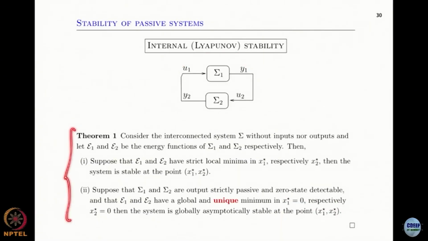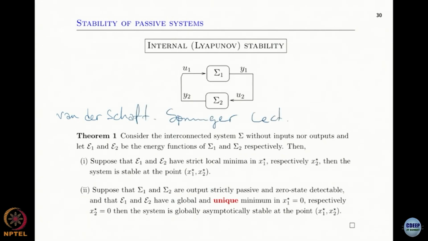This theorem here is a known result, but it's taken from a book by van der Schaft, Springer's lecture notes. I can send you the complete reference. It essentially says that if you have these two systems that are passive, the closed loop system will be passive, so you will have stability.